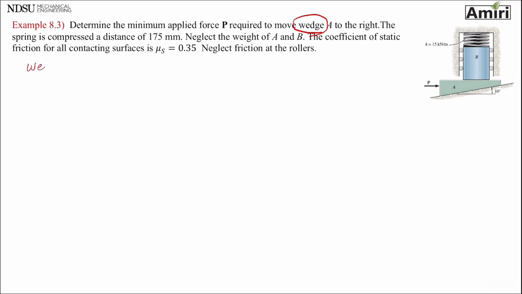The first thing I want to tell you is a wedge is a type of machine. Why, you might ask? Because it transforms a force into a much larger force.